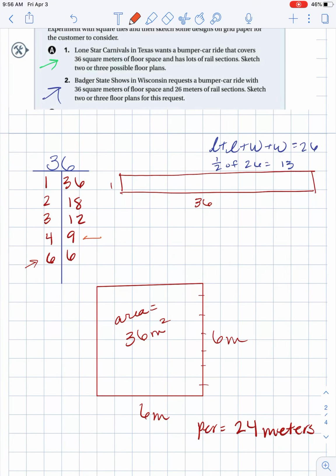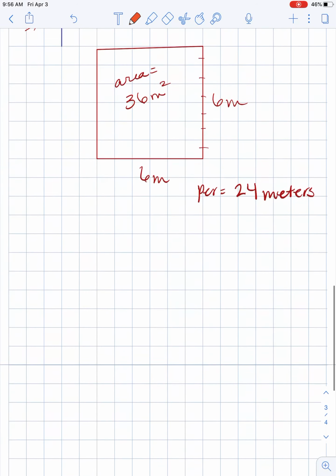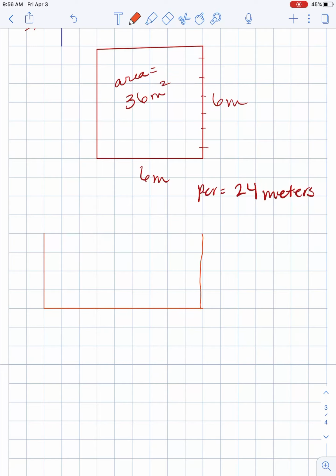Well, 4 plus 9 equals 13. So a 4 by 9 one would work just right. So let's go ahead and try that out. 4, 1, 2, 3, 4 by 9, 1, 2, 3, 4, 5, 6, 7, 8, 9. Awesome.